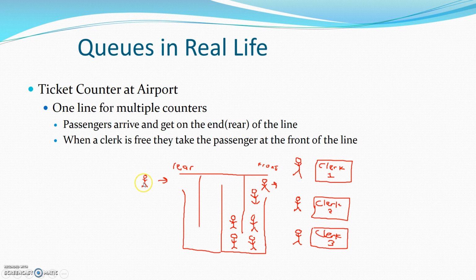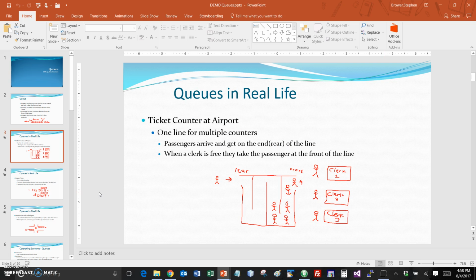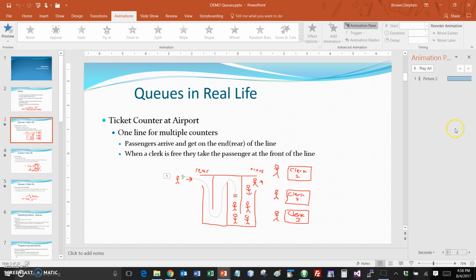But what I did is have this little stick figure here. Now when I click, that stick figure moves as if he's moving through a line at the airport. The way that was done, if I bring up the animation pane, was with this custom path. I actually hand drew the path that I wanted this to have.